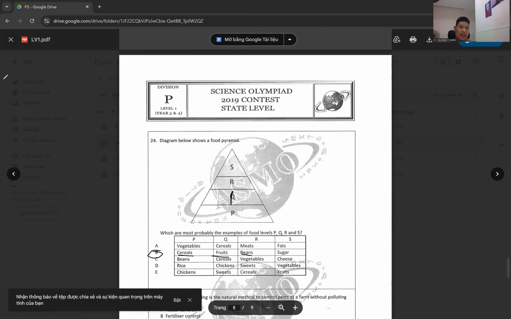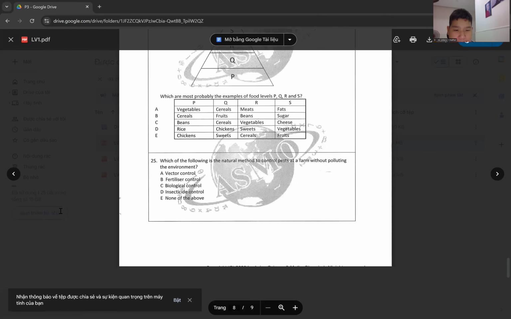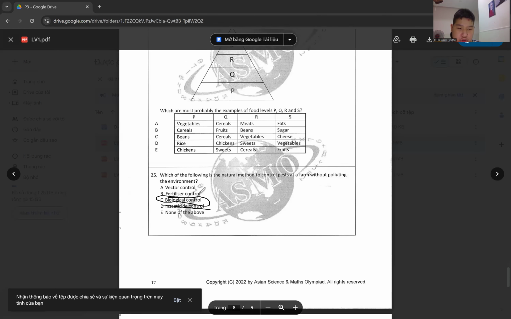And to the final question, which of the following is the natural method to control pests in a farm without polluting the environment? This is a really big problem around the world, and it is biological control. Insecticide and fertilizer control can also be by. Fertilizer control does not have to do anything with anything.